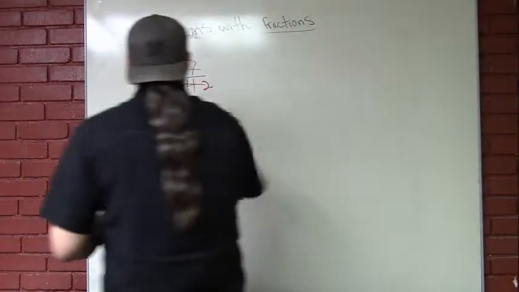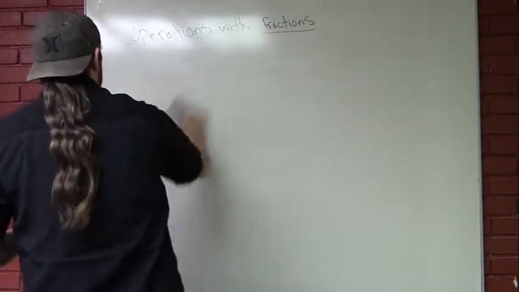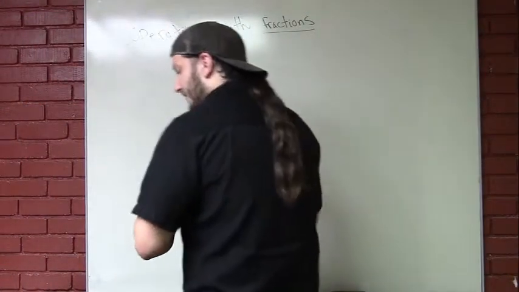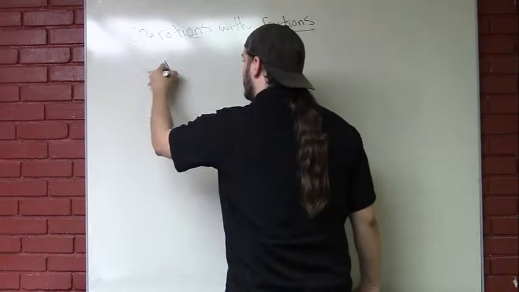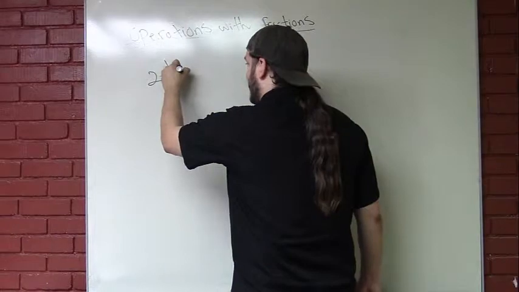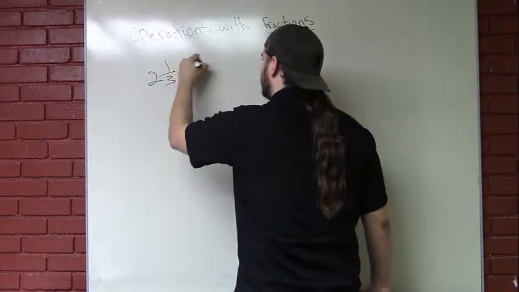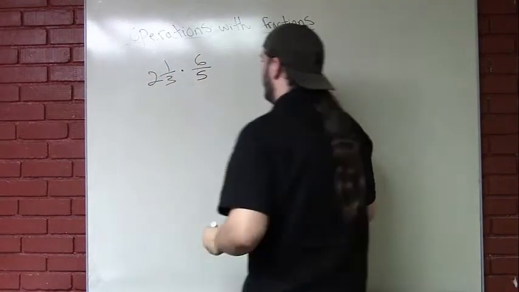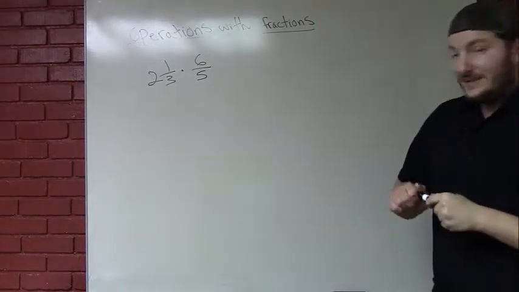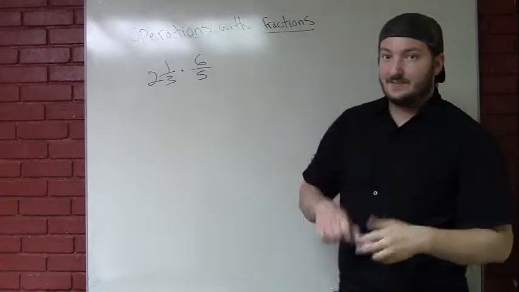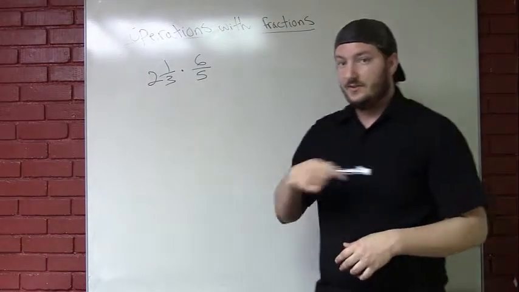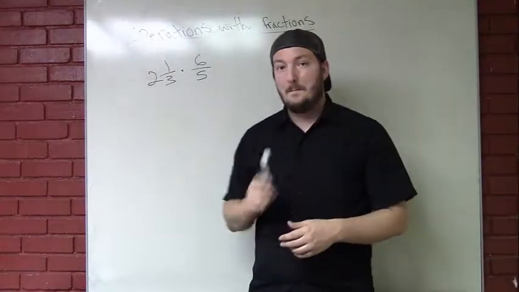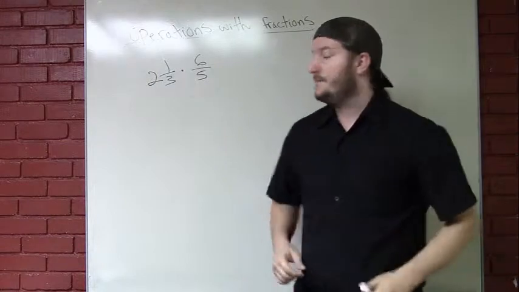So let's try one more. Multiplying fractions. Okay, this time we got 2 and 1/3 times 6 over 5. Now, what's different about this guy than the last problem? Do you remember what this is called from the last video? It's called a mixed number, okay?